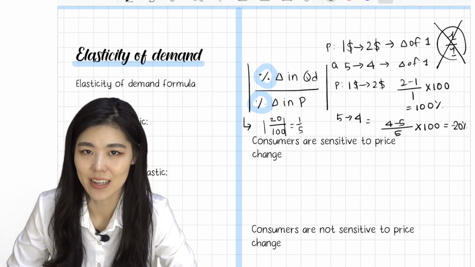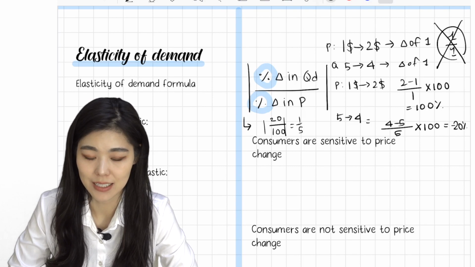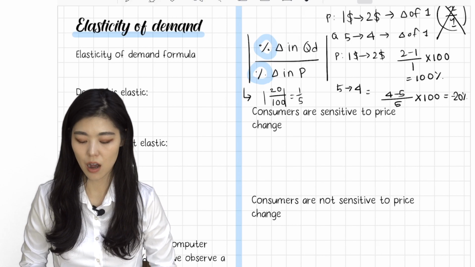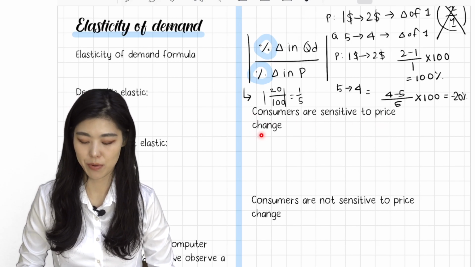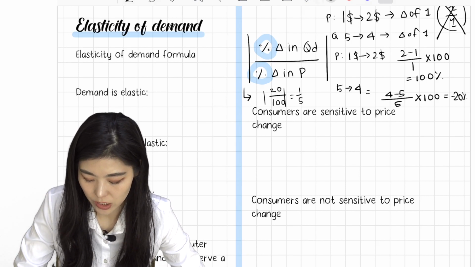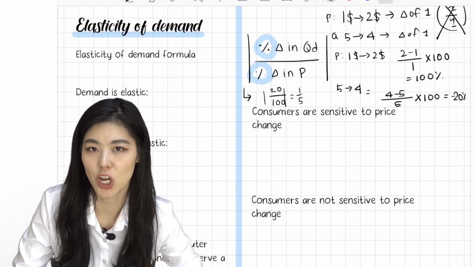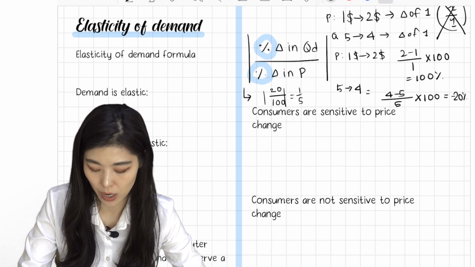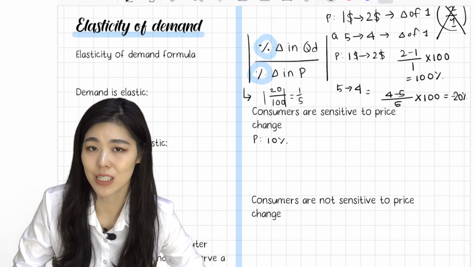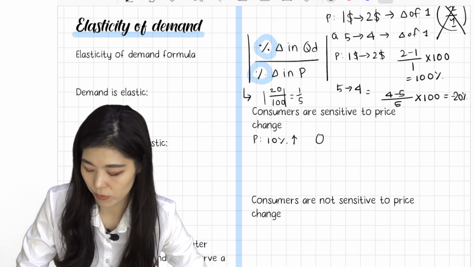What does it mean if something's demand is elastic? It means that consumers are sensitive to price change. For example, the price increases 10%, but people decrease their quantity demanded by 50%.